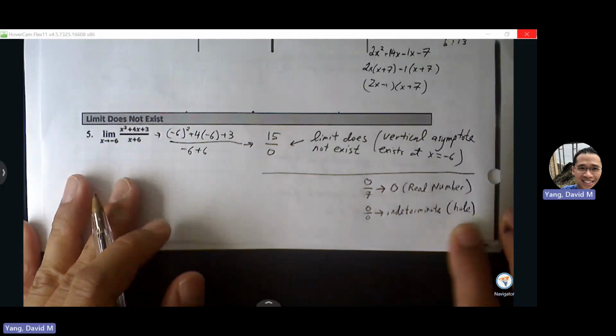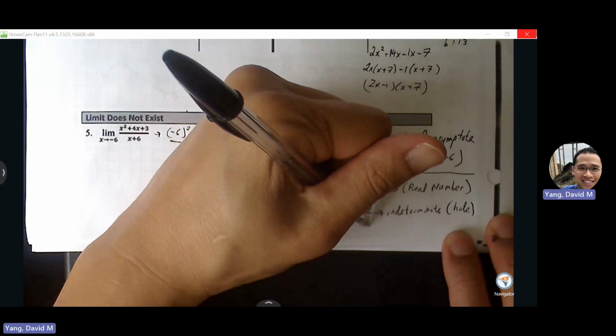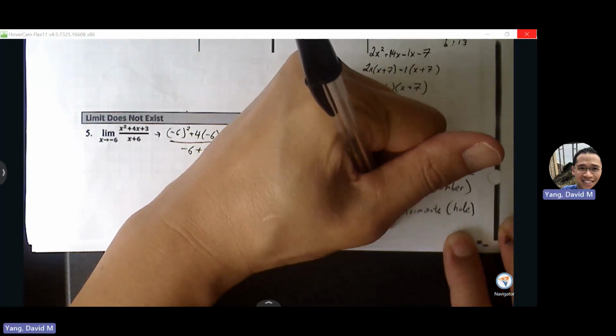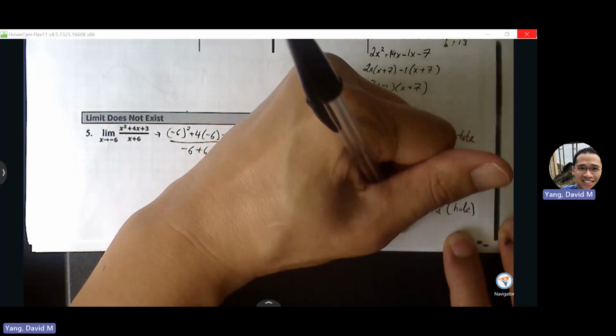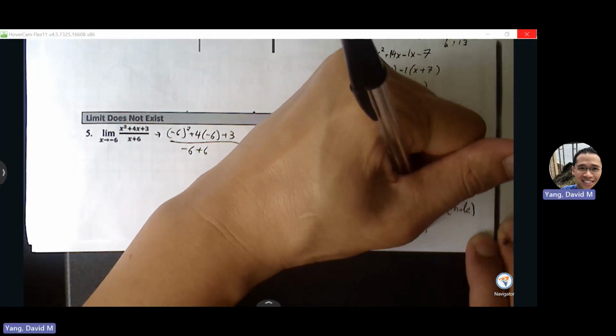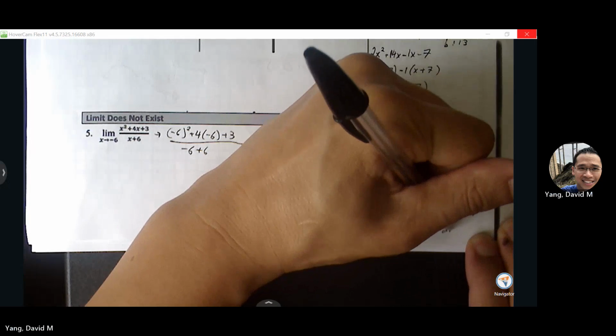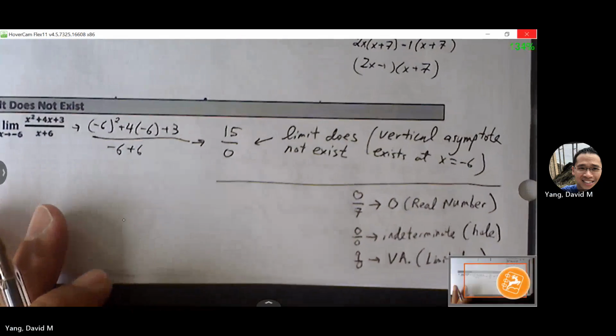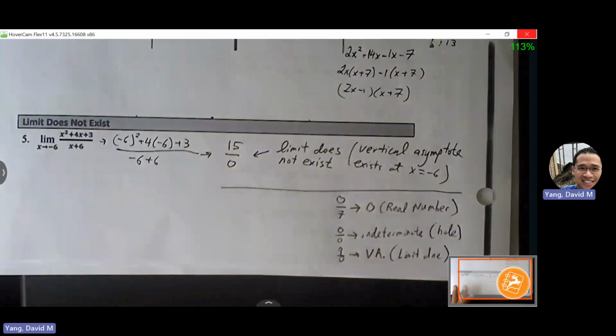The limit does exist, but there's a hole. But if I get 9/0, that means there's a vertical asymptote and my limit does not exist. All right, so I want to make sure that we are clear about the different variations of zero. Depending on where the zero is, we have to interpret it appropriately.